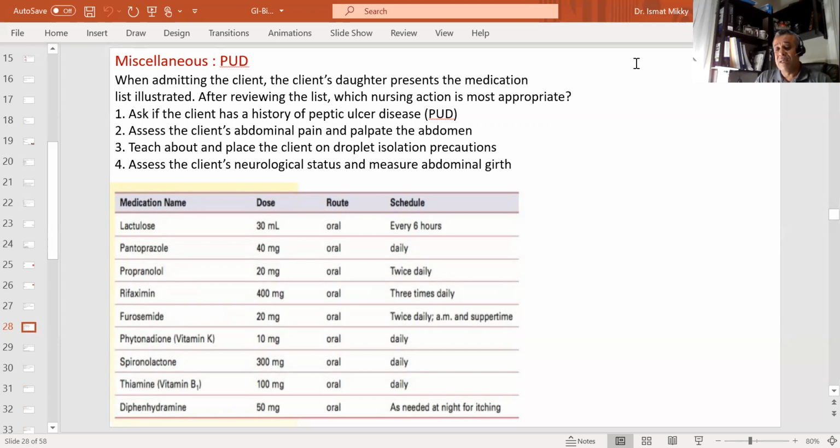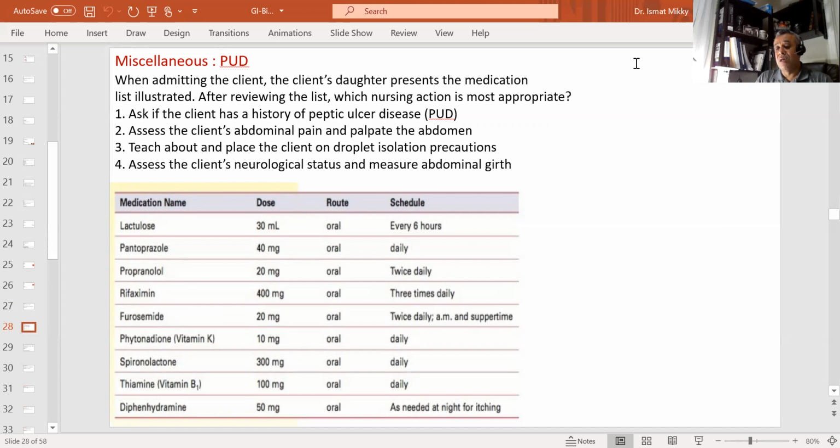So we have to assess the client's neurologic status and measure the patient's abdominal girth. They are most important because abdominal girth is a sign of fluid retained in the abdomen. Peritoneal fluid accumulation is ascites, one of the results of liver cirrhosis.